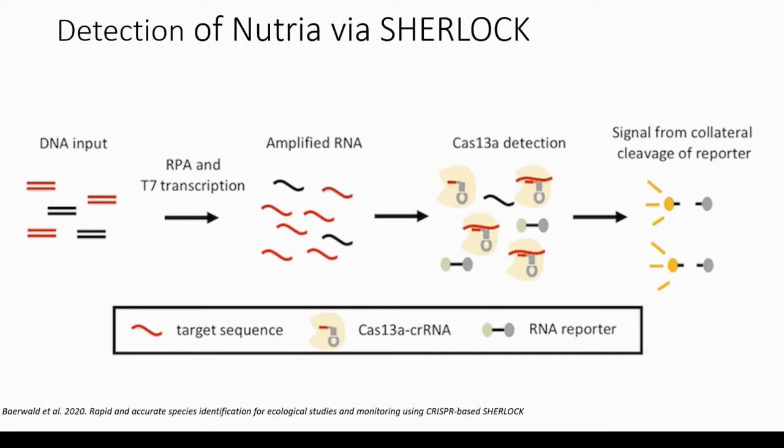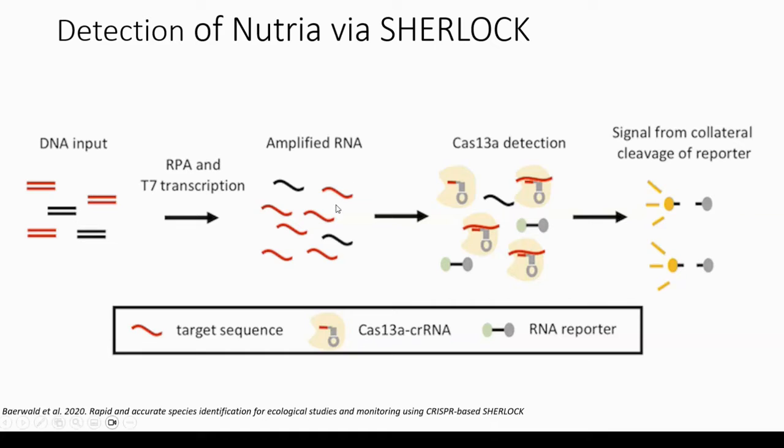So just briefly, a little bit of genetics here. We have DNA input. The DNA is amplified and transcribed to RNA by recombinase polymerase amplification, which again is performed at a single temperature, 37 degrees Celsius.